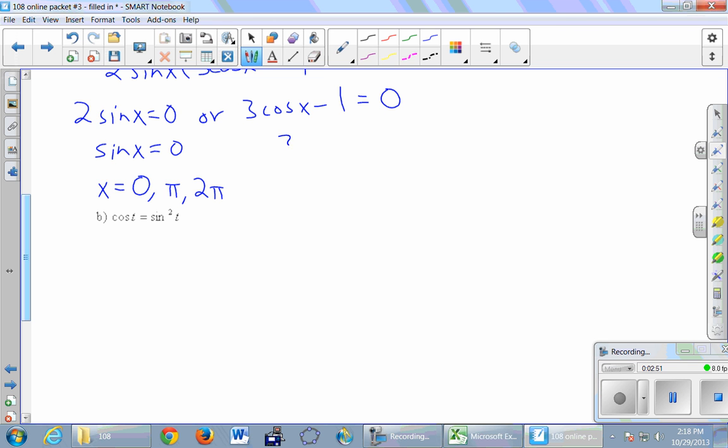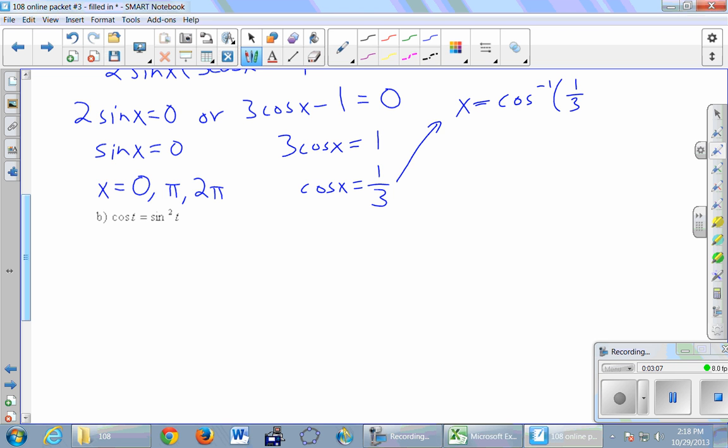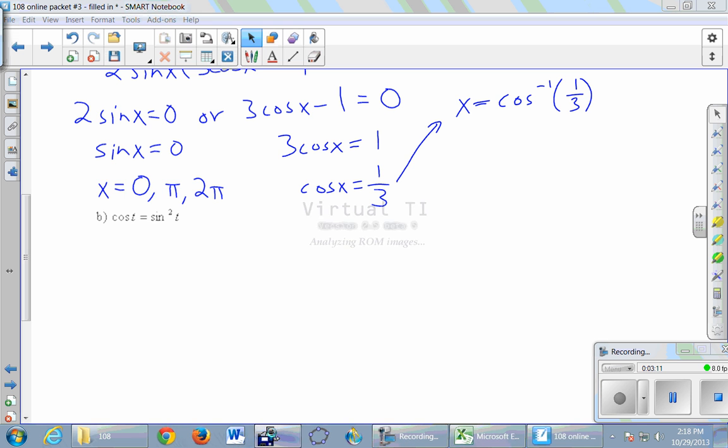And then the other equation, add 1, and then divide by 3. And I'm hoping you don't know what angles make that true. So here we do need to use the inverse cosine. So let's use our calculator to get an estimate for this angle.